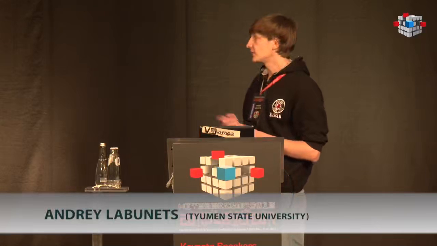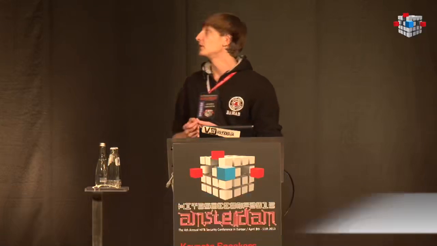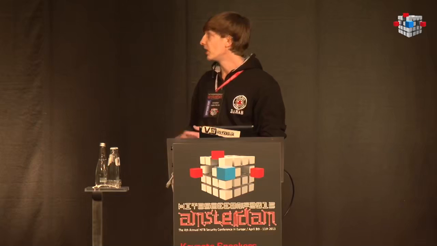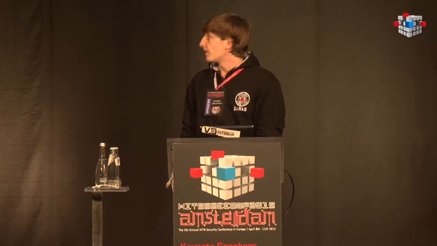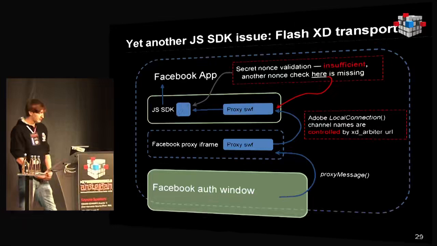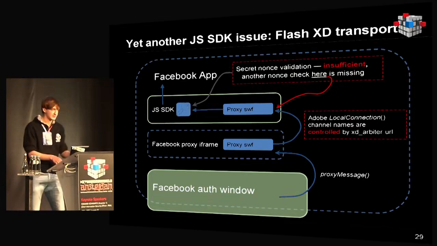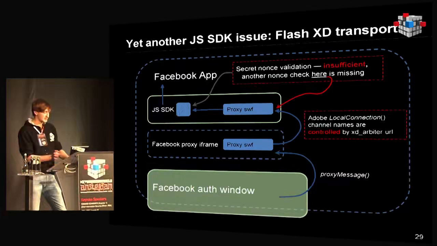But the bug was that the proxy.swf did not implement the nonce validation on its input. So imagine what will happen if I inject my own iframe instead of the Facebook proxy iframe. The malicious proxy.swf will transmit a message to the proxy.swf. The proxy does not check the nonce.